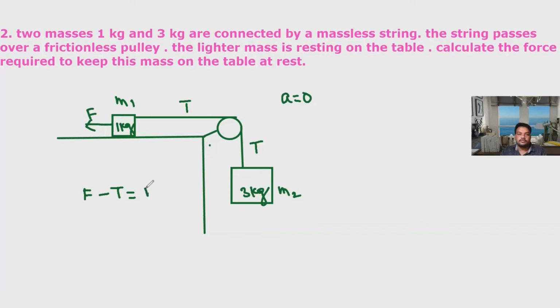So, M1 into A, that is F minus T is equal to M1 into 0. It means F is equal to T.